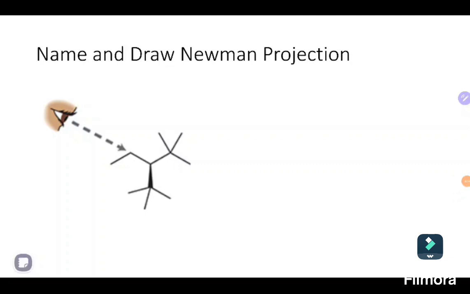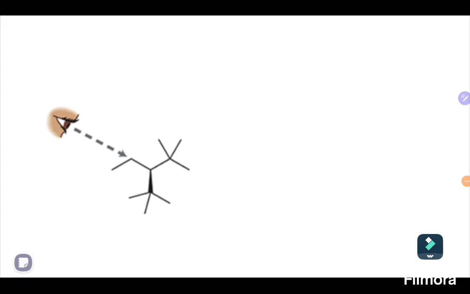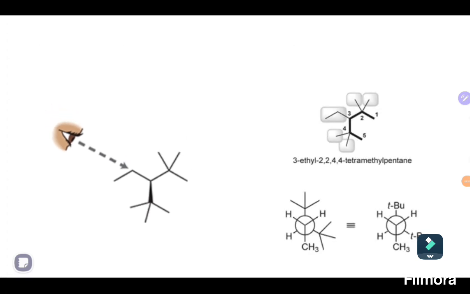Here we have a little bit more complicated Newman projection problem. We're given a complex alkane here, and we've been asked to sight down this particular bond and draw a Newman projection. If we did that, the Newman projection would look like this. With the observer looking down this bond, we should have a front carbon and a back carbon.